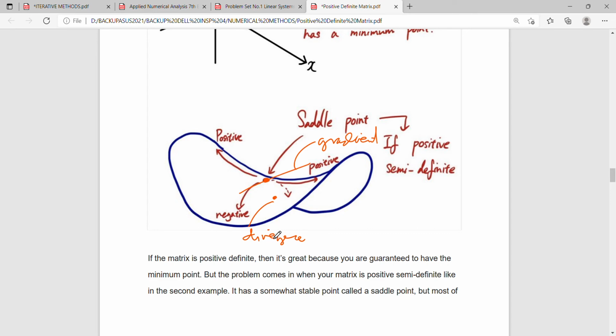Okay? So it's semi-definite because it has something to do with how lucky you are to let the ball fall into the correct answer, which is this point here on the saddle.